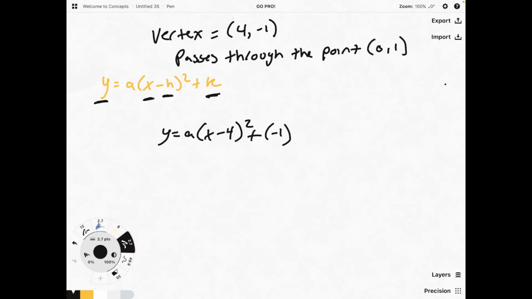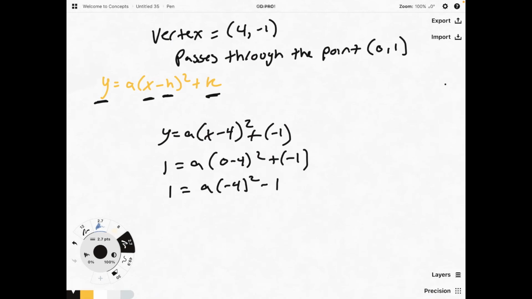We also know y is 1 and x is 0, so we're going to get 1 equals a multiplied by (0 minus 4) squared plus negative 1. All right, simplifying, we get 1 equals a times negative 4 squared minus 1. Negative 4 times negative 4 is 16, so we get 1 equals 16a minus 1.